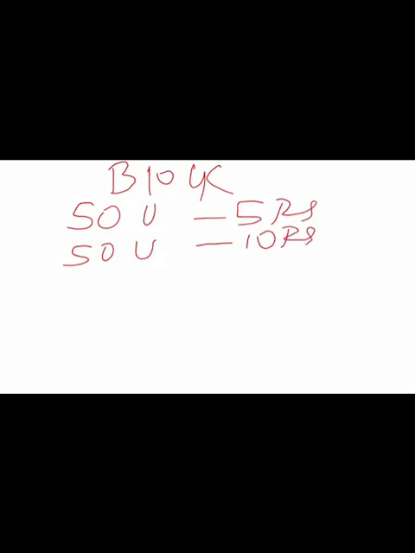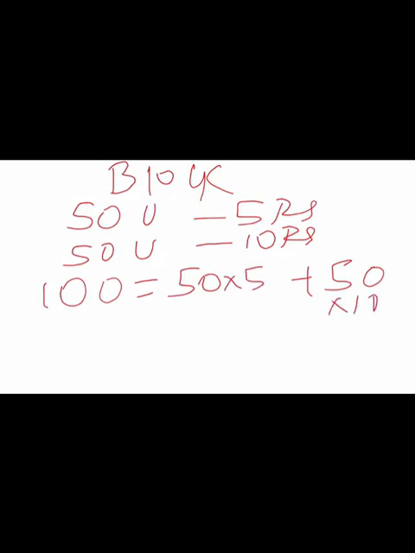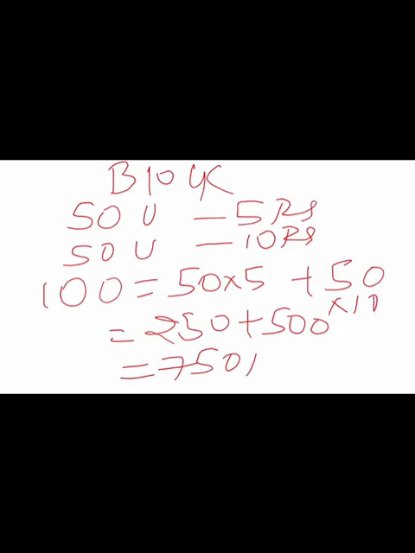Now if you are consuming 100 units of power, it will be charged by block. It is divided into the first 50 block and the second 50 block. For the first 50 it will be charged only 5 rupees, and for the next 50 it will be charged 10 rupees. So it will become 250 plus 500, so it will be 750 rupees. This is what a block rate tariff is.